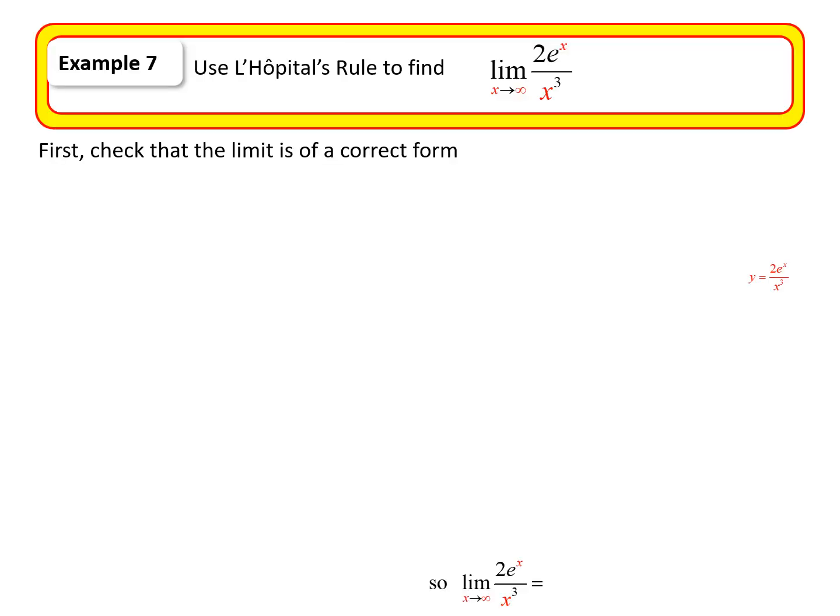Okay, you got up to example 7. Use L'Hopital's rule to find this limit. So first we check that the limit is in the correct form to use L'Hopital. As x tends to infinity, 2 lots of e to the x is tending towards infinity.